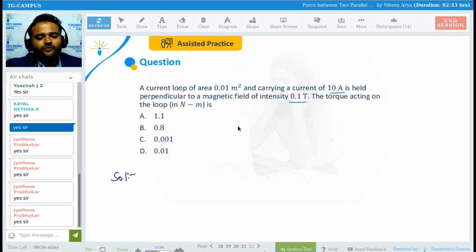Okay, so tell me which one is the correct answer. Do it quickly, because then we have one more important thing and then important questions too.